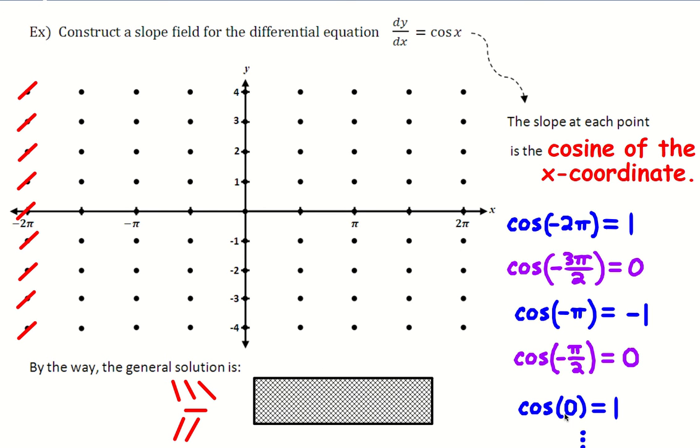And if we went on to the cosine of pi over 2, that should be 0. The cosine of pi should be negative 1. 3 pi over 2 should be back to 0. And the cosine of 2 pi should be positive 1.